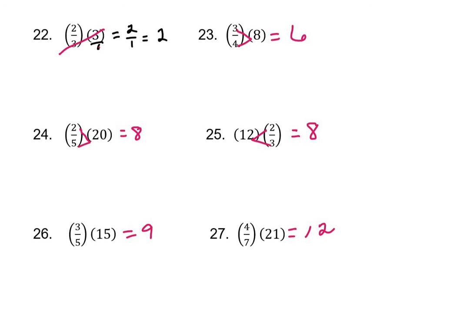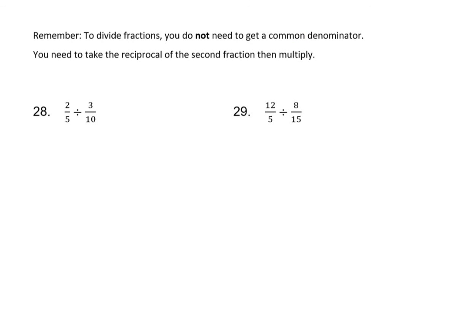And there are your answers for those next two problems. Okay, so now we're going to move on to dividing fractions. And when you're dividing fractions, you do not need to get a common denominator. You need to take the reciprocal of the second fraction and then multiply. So that just means that we are going to take the second fraction and turn it upside down.